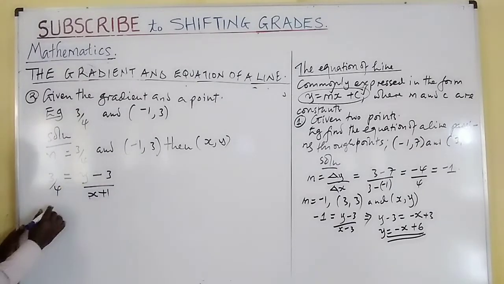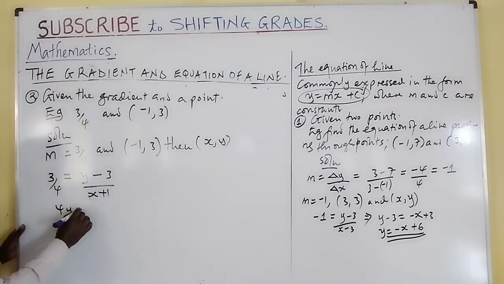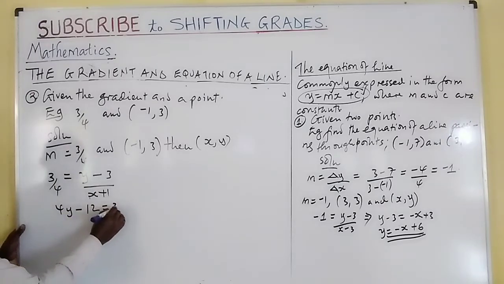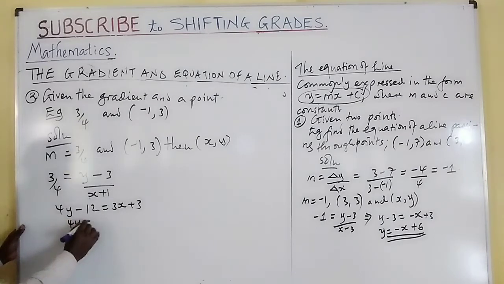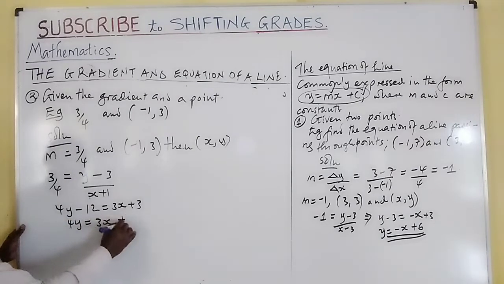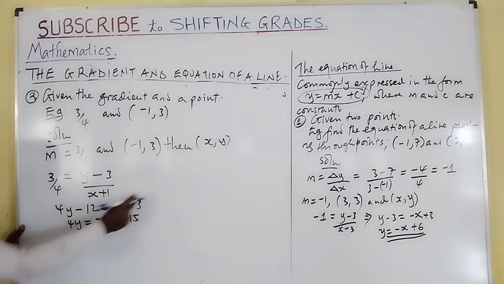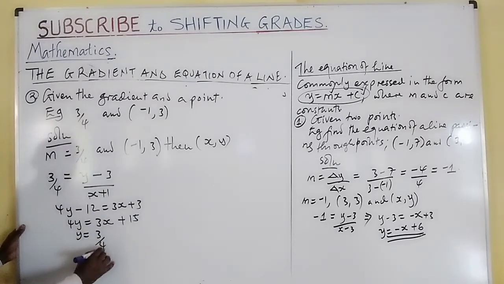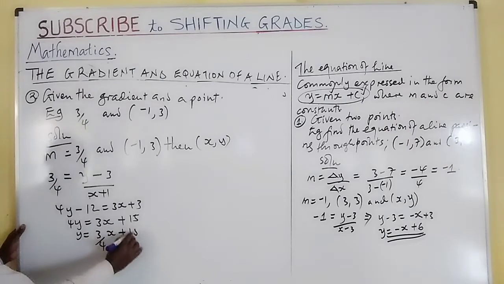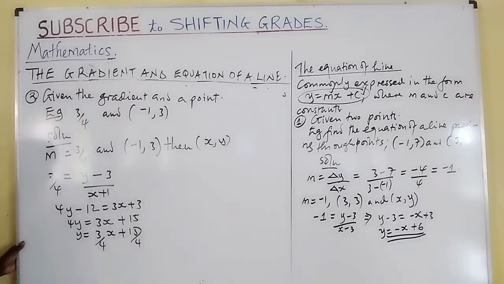Cross multiplying, 4y minus 12 is equal to 3x plus 3. So 4y is equal to 3x plus 15 when the 12 comes here. Therefore, y becomes 3/4 x plus 15/4. This is the equation expressed in the form y = mx + c.